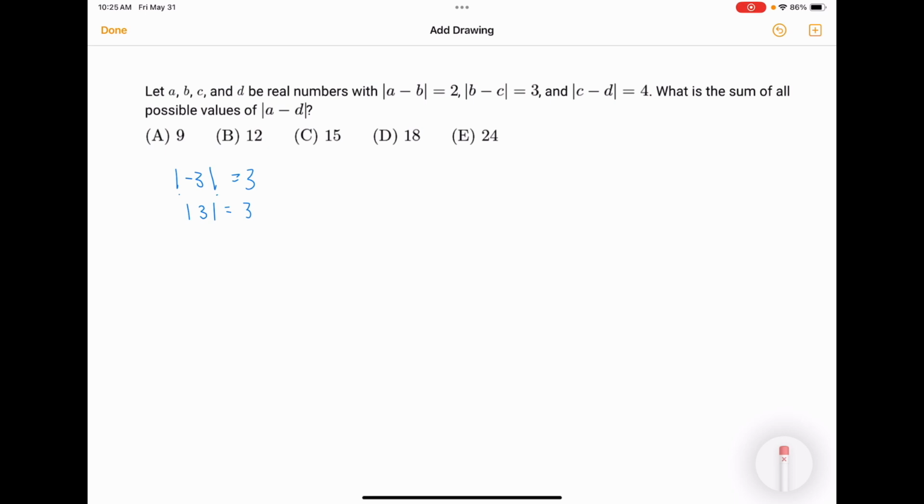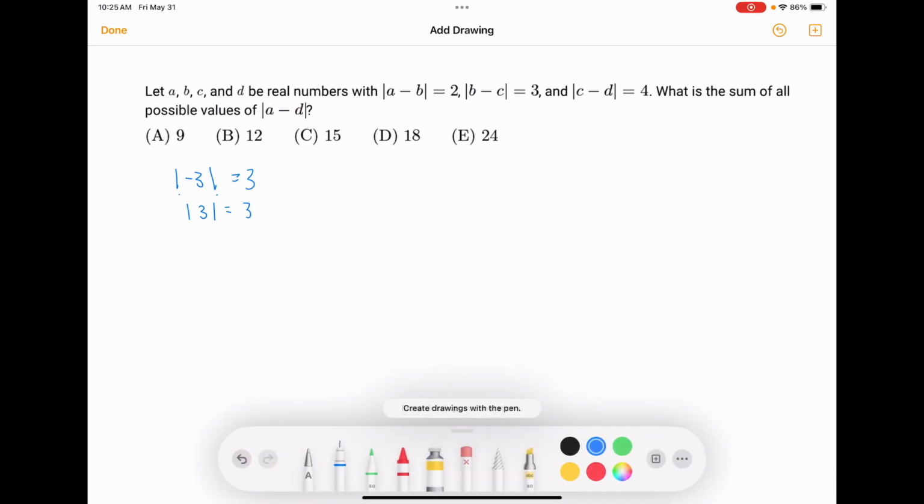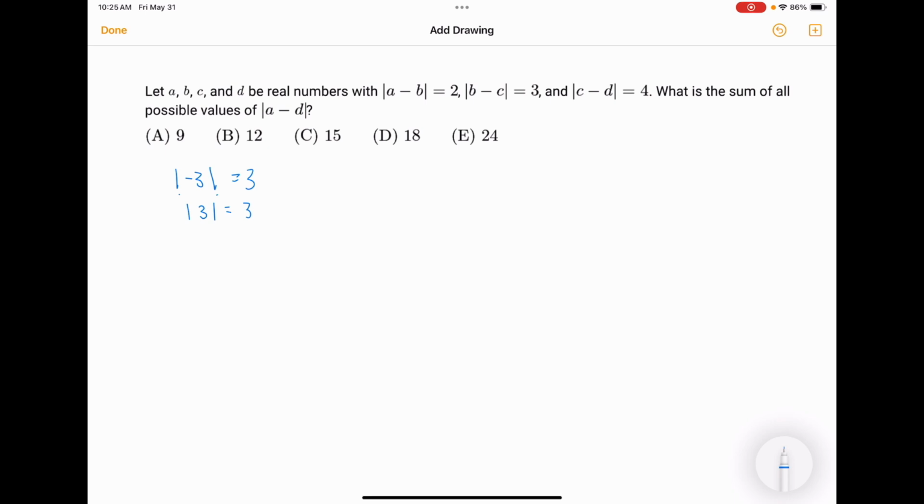I'm just going to give a letter as an example. If we have letter A, we don't know if that's positive or negative, but then we put it in the absolute value. So now it is absolute value A. We know that this is always going to be a positive number.